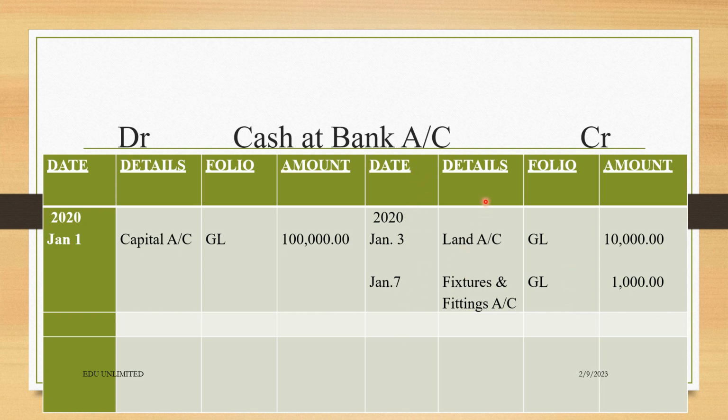The details or particulars column is important, where we put land account and fixtures and fittings account. And of course, the amount column is very critical. So this is a look at our cash at bank account after the third transaction.